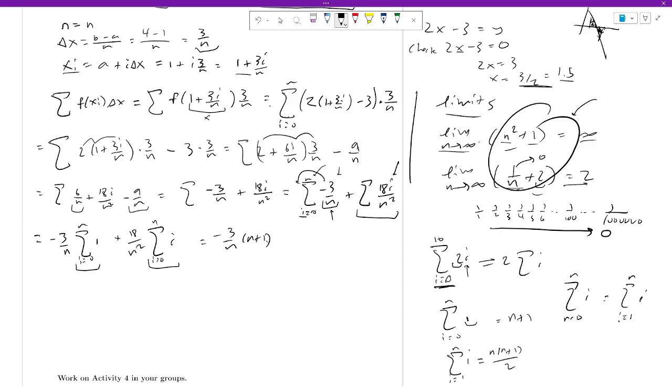Because on the right here, the first i is 1, so it's 1 plus 2 plus 3 all the way up to n. On the left here, the first thing is 0, so 0 plus 1 plus 2 plus 3. Those are the same thing, because the 0 doesn't add anything. So you can have i be 1 or 0, and this formula still works.